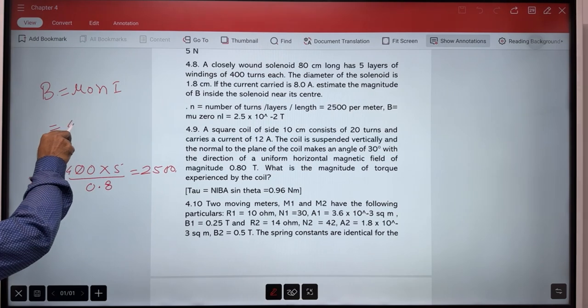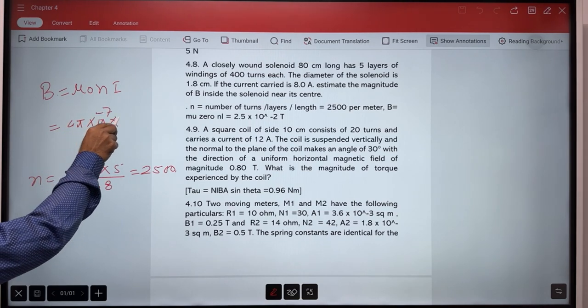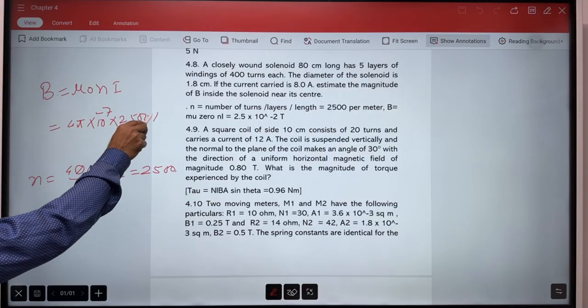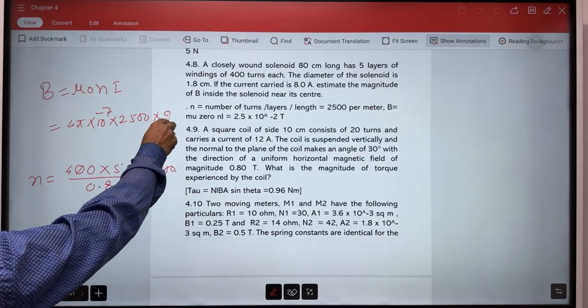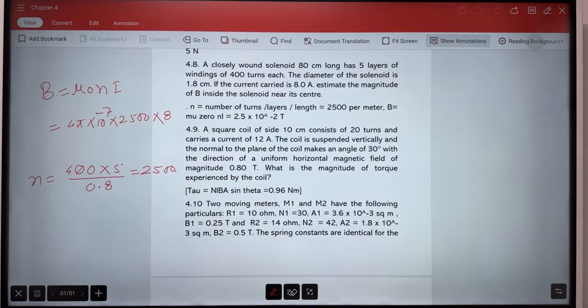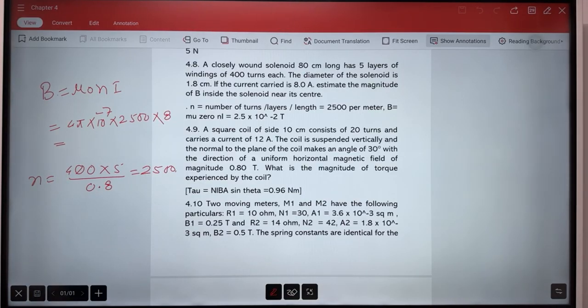Now mu naught is 4 pi into 10 to the power minus 7 into 2500 into current. Current is 8 ampere, right? So let's evaluate it. What do we get?